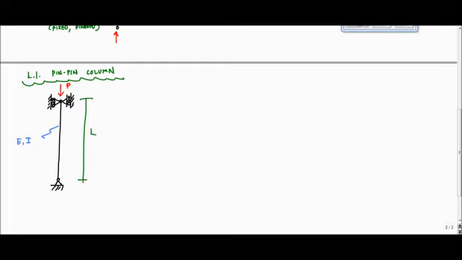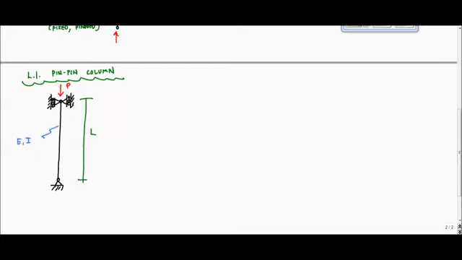And when this buckles, when I buckle this right here, what shape does it take? Like some curved shape, like a deflected shape, as if I had the beam here like this and I applied the load like this. It looks like that.